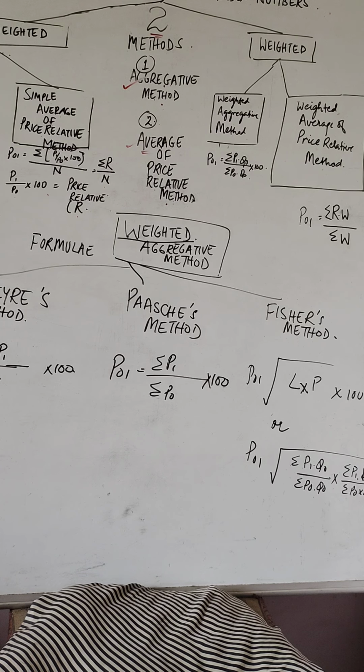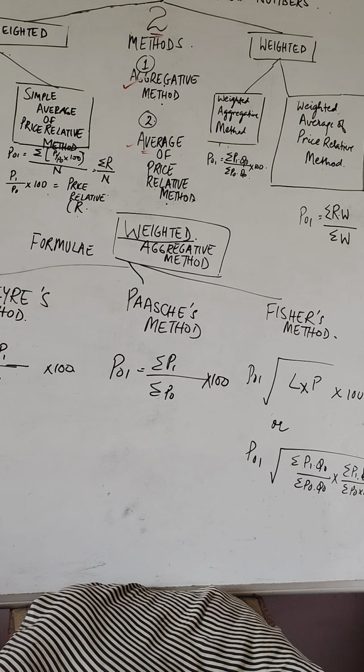Now to construct a weighted aggregative index, we take a well specified basket of commodities, and its worth each year is calculated. So in a way it measures the changing value of a fixed aggregate of goods.